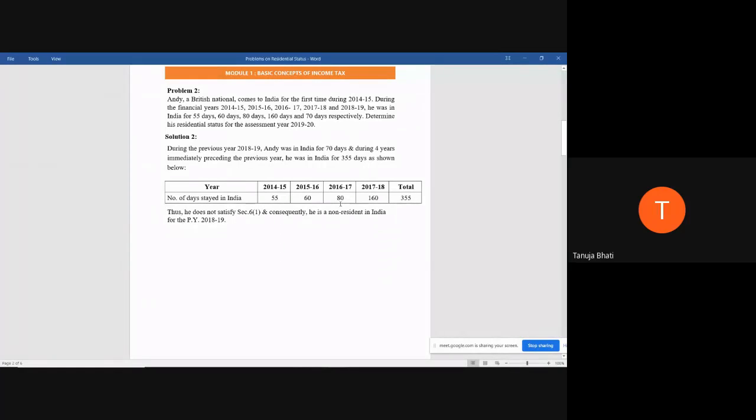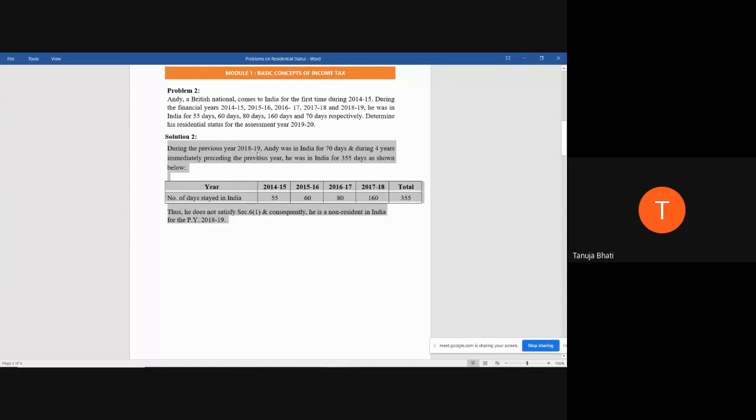Now you all told me the first basic condition is not getting fulfilled, the second basic condition is not getting fulfilled. So what will be his status? Non-resident. Very good. So let us see how you write or present the answer in the exam.